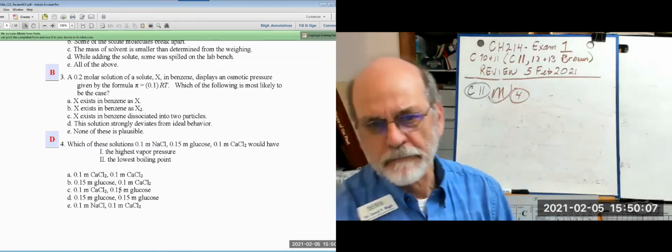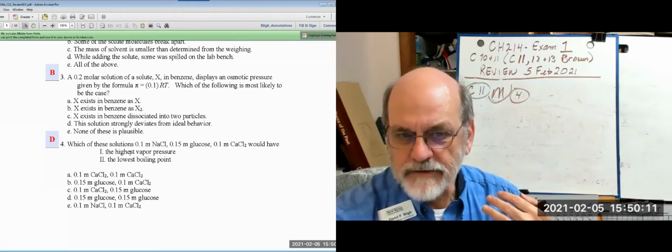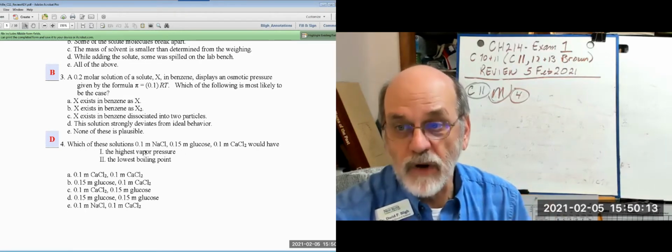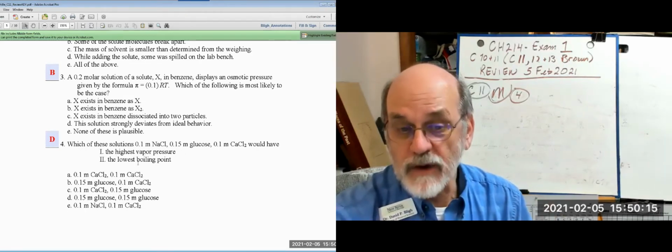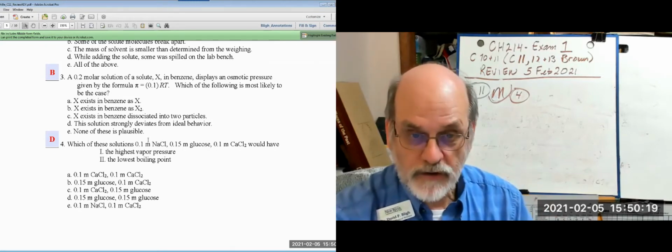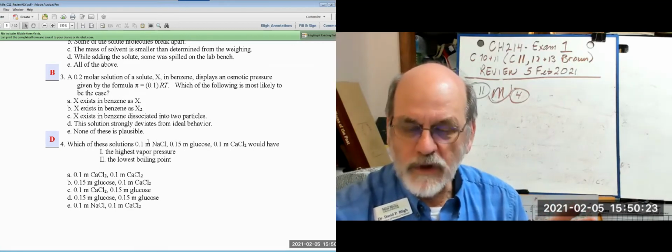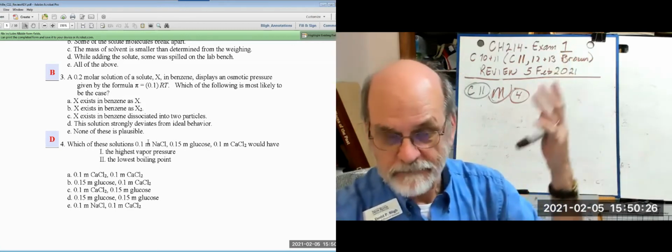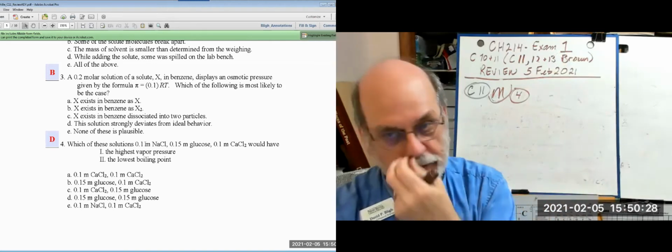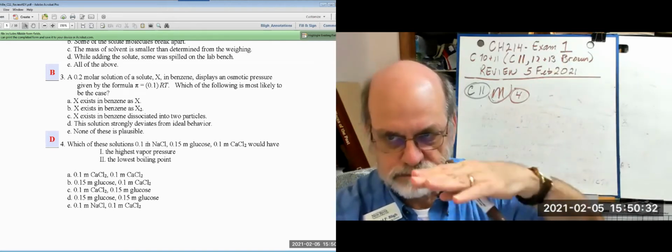All right. If we're going to talk about vapor pressure, we need molarity. Talk about boiling point, yes, molality works. But these are dilute solutions, so we learned in one previous problem that they're virtually equivalent. 0.1 molal is 0.1 molar, more or less.